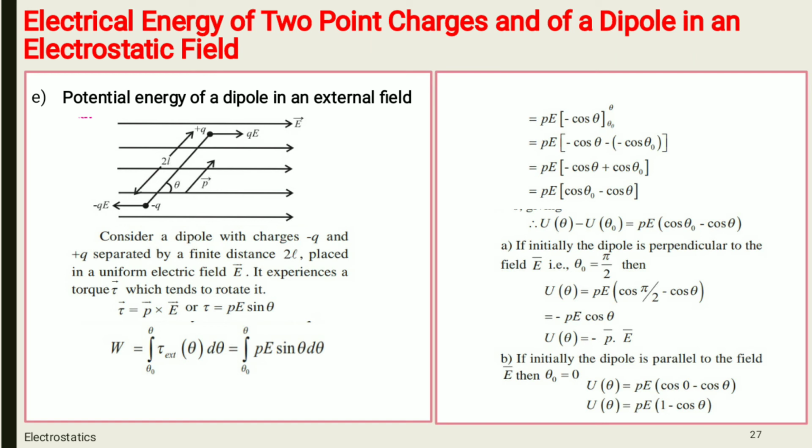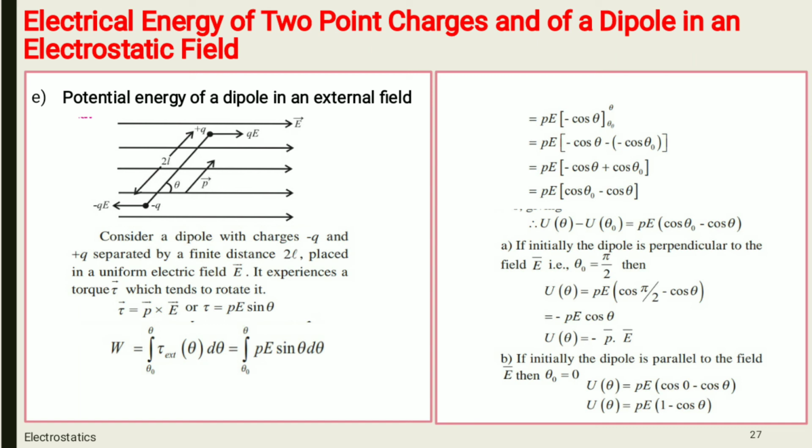Okay, so what you did first, we took one dipole, after that to that dipole we applied an external electric field. Due to that external electric field, the dipole is going to rotate. Due to that rotation, torque is produced.